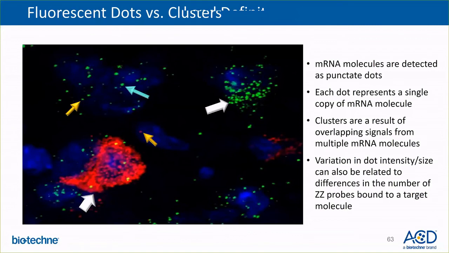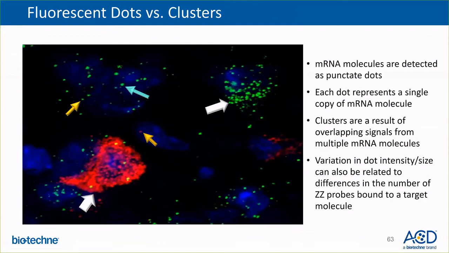With the RNAscope assay, the mRNA molecules are detected as punctate dots, and each dot represents a single copy of mRNA. When multiple copies of your gene of interest are detected, the overlapping signal will form a cluster.